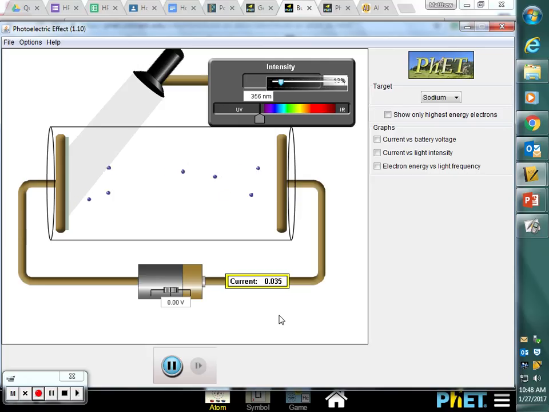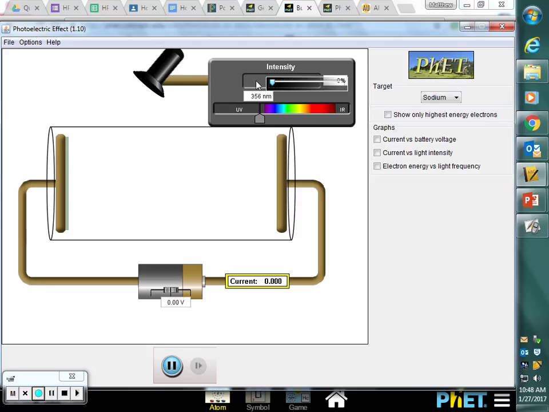But if we turn off the light, or if we block the light with like a dog or a person or a small child, or a cat, what happens to the current if we block the light? It stops.